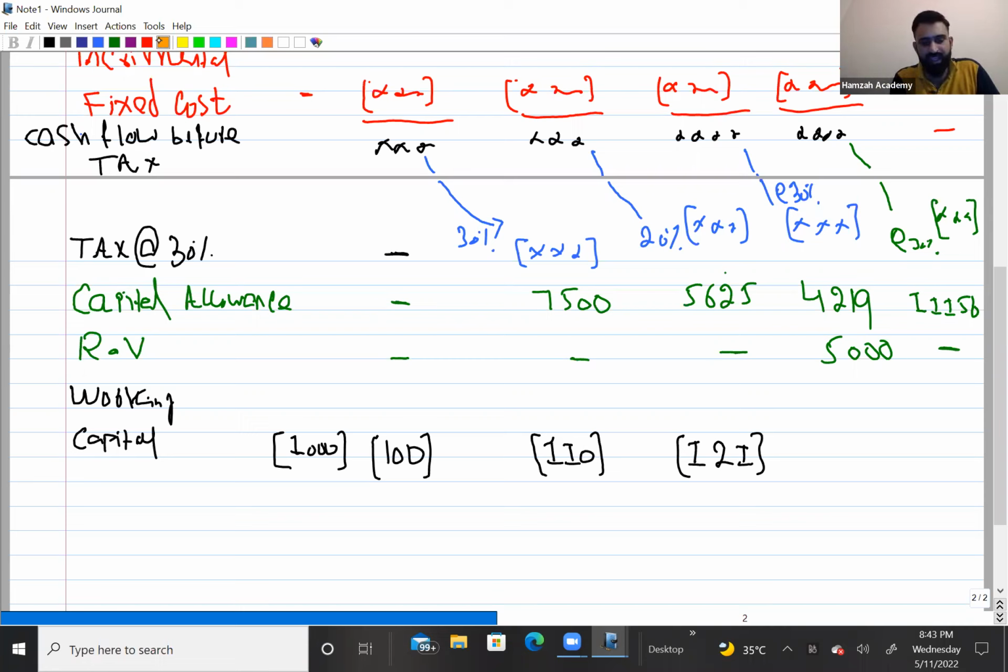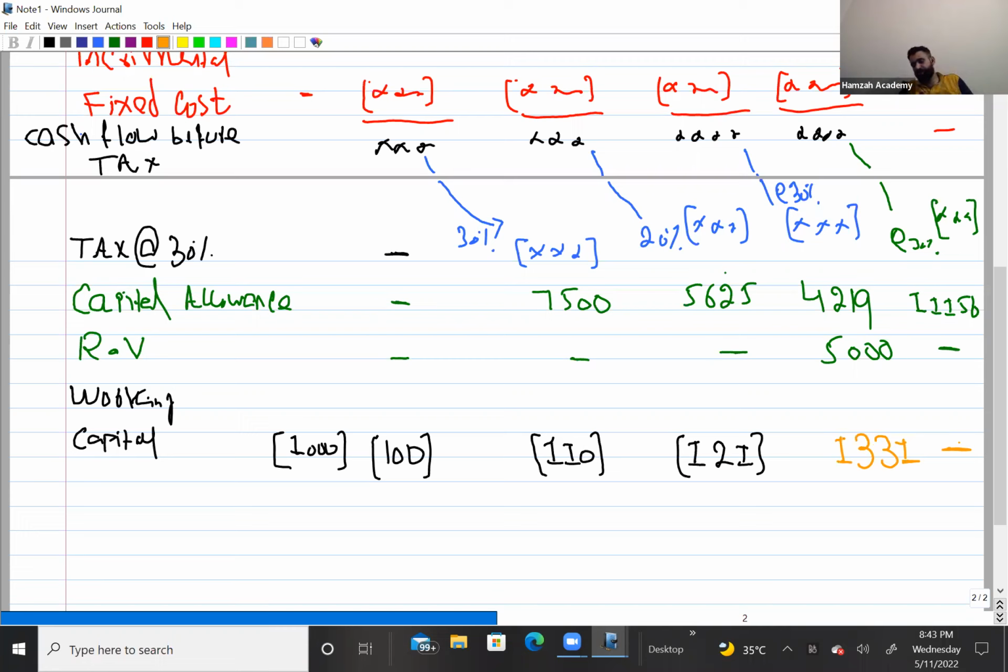So each penny which we have invested in working capital will be taken as an inflow in the last year of the project, because at the end of the project, every dollar which we have invested in working capital will be recovered.